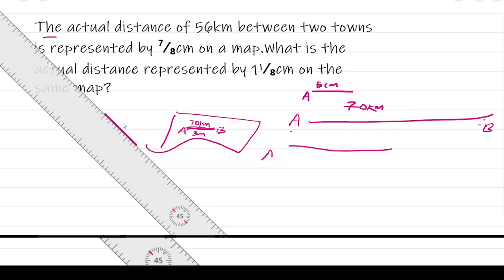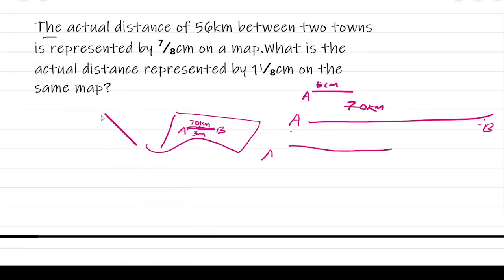This will represent the distance between A and B. So it's just like scaling the figure. Instead of drawing the actual 70 kilometers, we reduce it to something shorter, so that it can fit on paper. That is what this problem actually says.